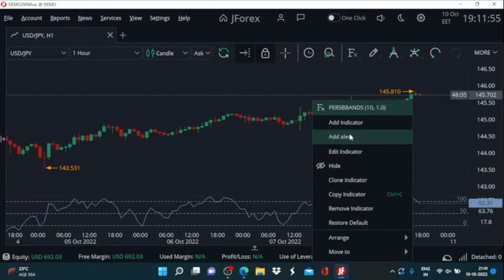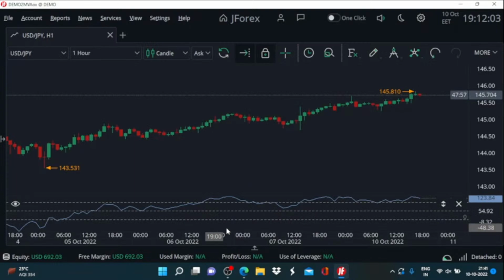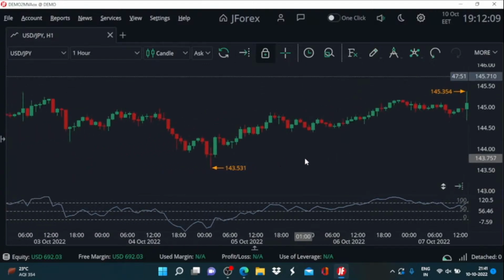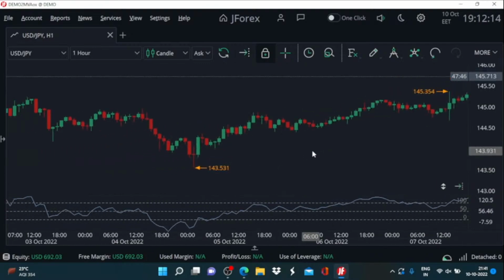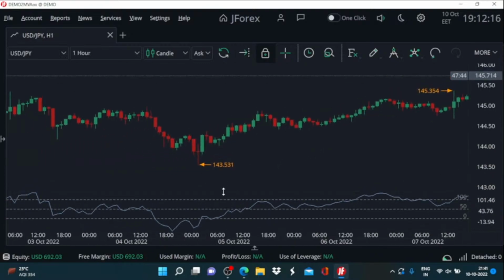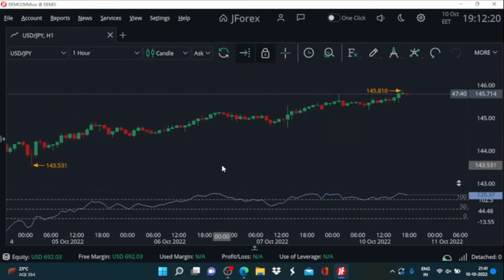But if here we edit it and we increase it to say 50, and the standard deviation, let's try out the standard deviation at 1 only. In that scenario, we have this trend which is likely to stay in the same territory for quite a long time, so the volatility is going to be quite less. But here one thing you can notice is that these extreme values once reached are continuing in the same fashion.